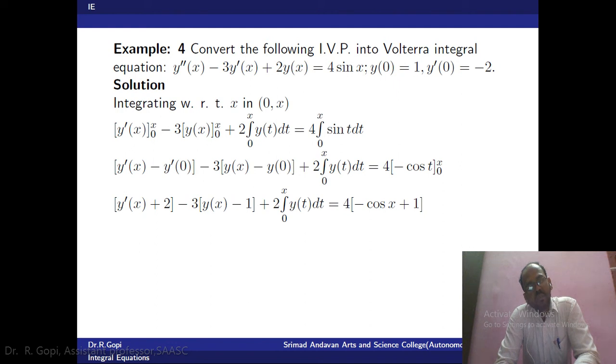So that is nothing but plus 1. So y'(x) + 2 - 3(y(x) - 1) + 2 times the integral from 0 to x of y(t) dt equals 4(-cos x + 1).